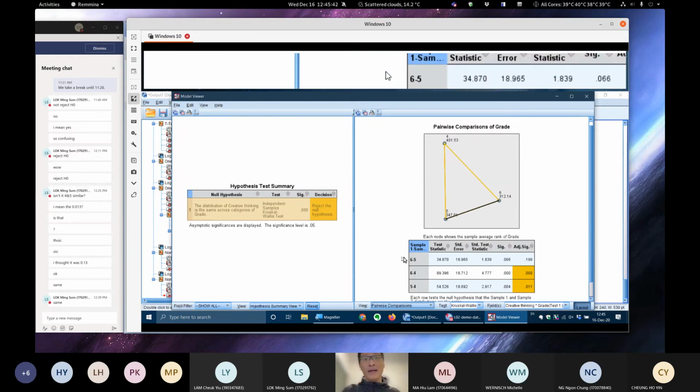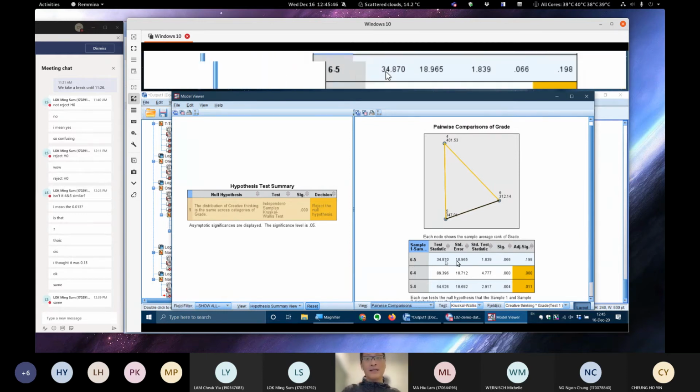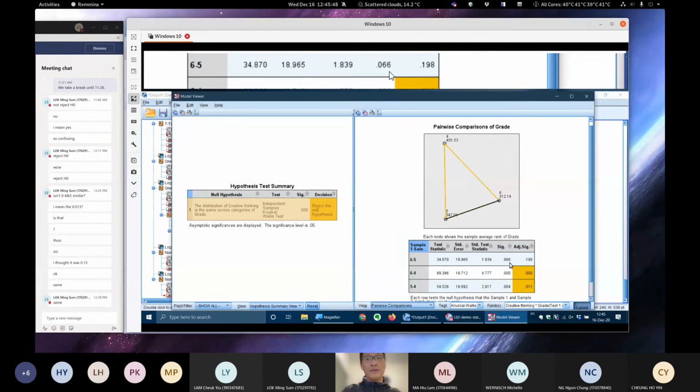So again, we have pair by pair comparison here. Grade 5 and grade 6, p-value 0.066, which is larger than 0.05, so they are the same. Sorry, we have to look at the adjusted significance. This one, 0.198, is greater than 0.05, so grade 5 and grade 6 are the same.